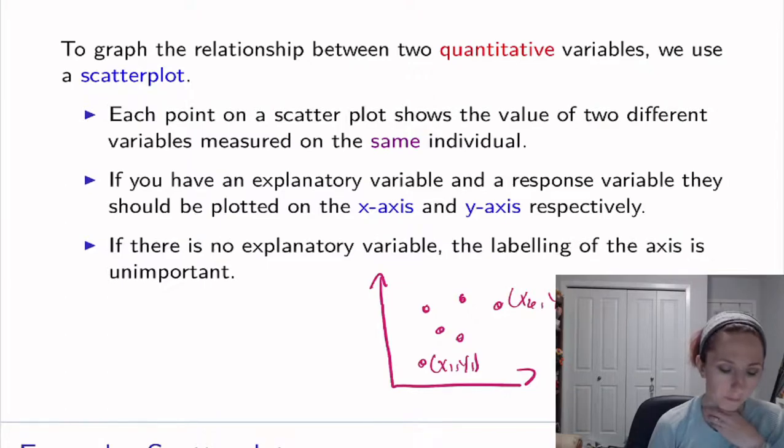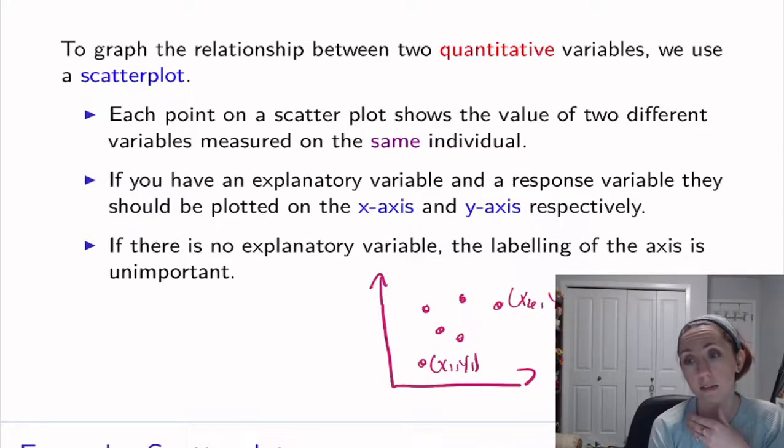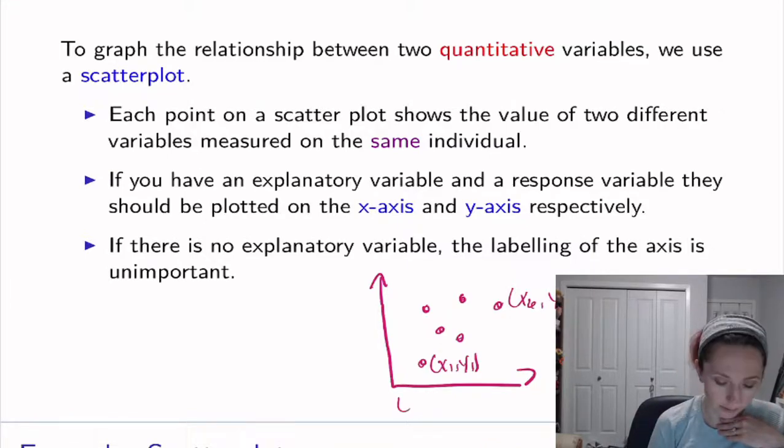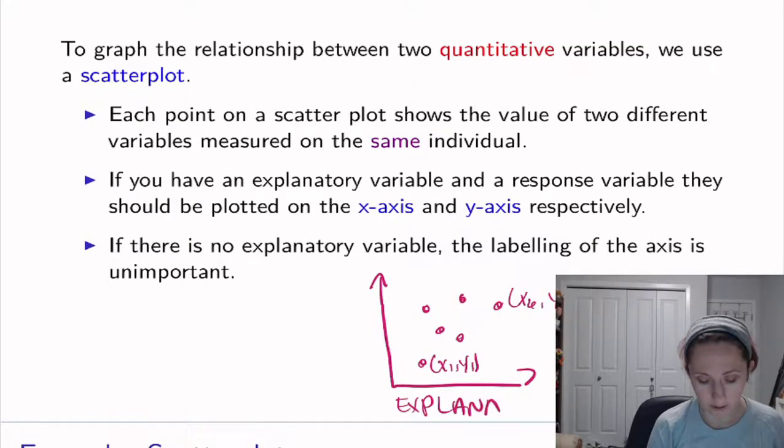Now, if we have a situation where variable x is an explanatory variable and variable y is a response variable, traditionally we will put the explanatory variable on our x-axis, and the response variable on our y-axis.